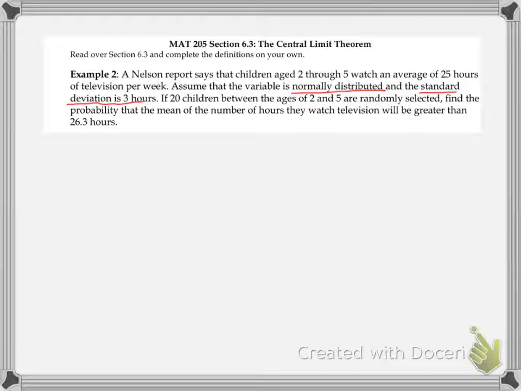If 20 children between the ages of 2 and 5 are randomly selected, find the probability that the mean number of hours they watch television will be greater than 26.3. So that is our sample mean. Let's see what information we have.